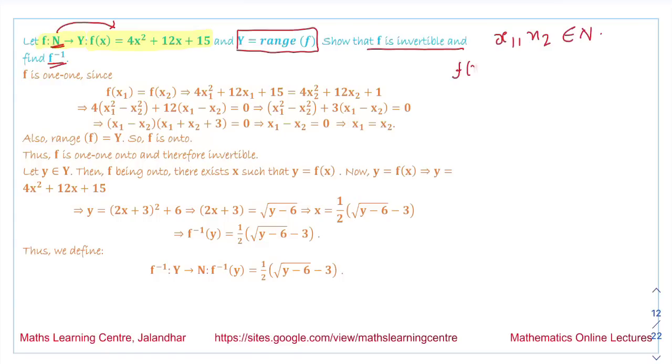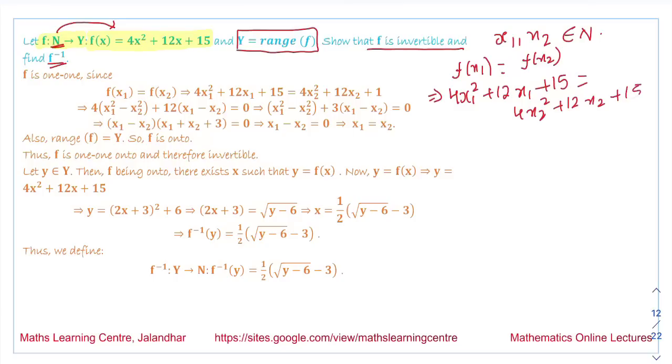So for f of x1 equal to f of x2, this implies 4 times x1 square plus 12x1 plus 15 is equal to 4 times x2 square plus 12x2 plus 15.